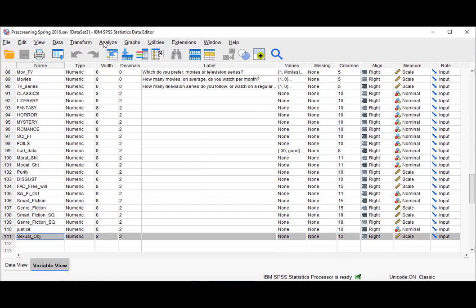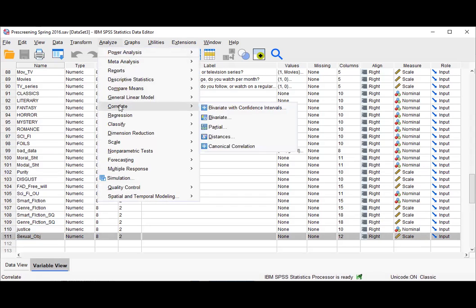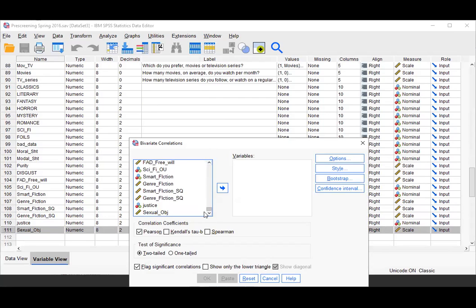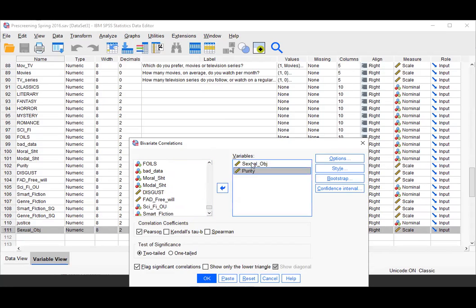All right, so we're going to do Analyze, Correlate, Bivariate. We're going to select our sexual objectification scale and our moral purity concern scale, which is from Haidt's Moral Foundations Questionnaire. By default, SPSS has Pearson's correlation coefficient, which is what we want for two interval variables.